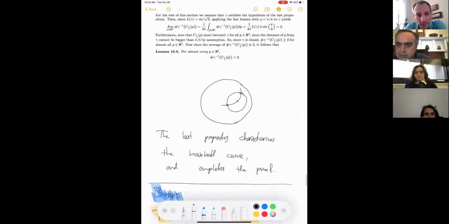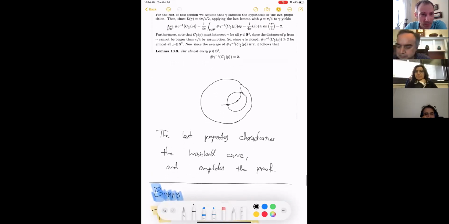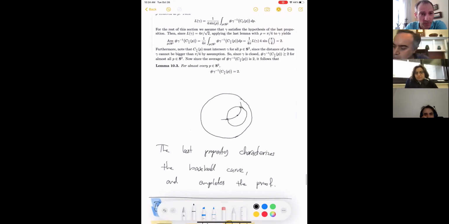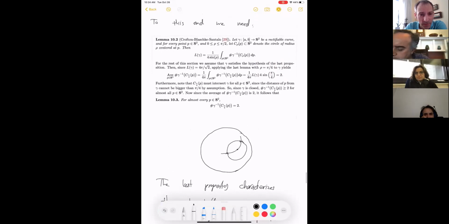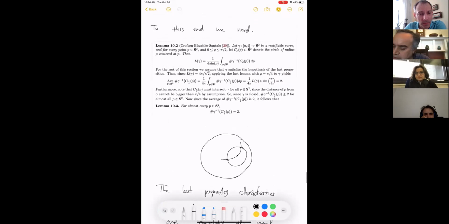Can I just ask, I'm a little bit confused. Is that the content of this theorem that you've stated here, or is that your own result? Is that the content of Crofton-Blaschke-Santalo's theorem, or is that your own result? So here we have the Crofton-Blaschke-Santalo, but Crofton-Blaschke-Santalo implies the second lemma. It forces the intersection of each of these circles to be exactly 2, because I know what the length is now.